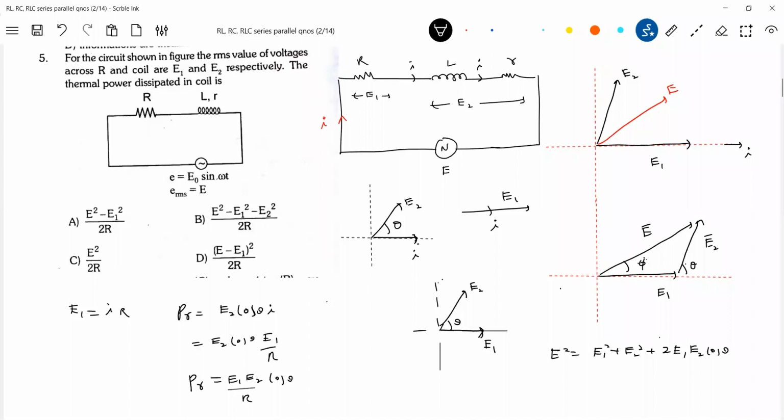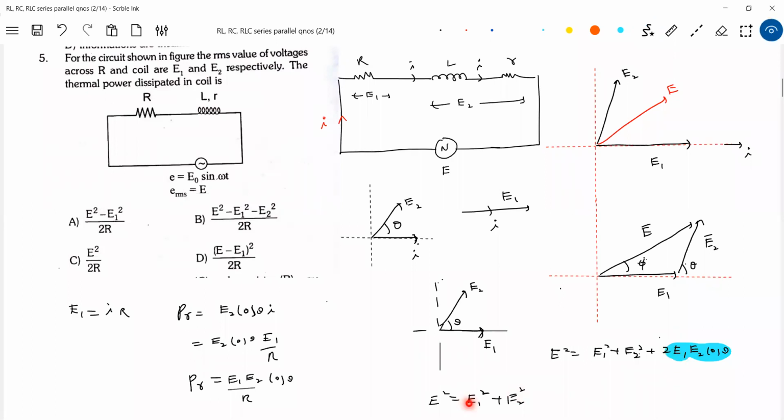Why am I bringing that cos theta? Why not write only this much here? The reason is that E1 and E2 are not perpendicular. If E1 and E2 were perpendicular, I would have eliminated 2 E1 E2 cos theta.